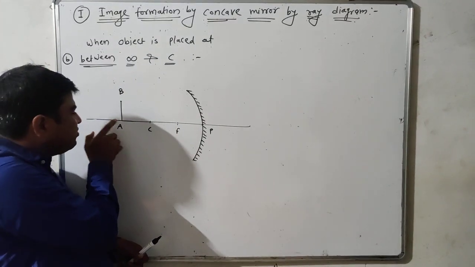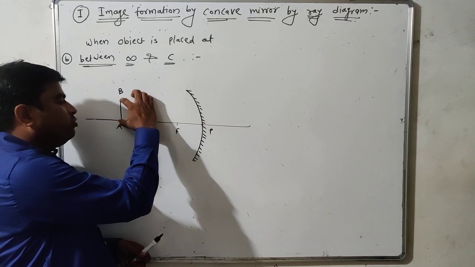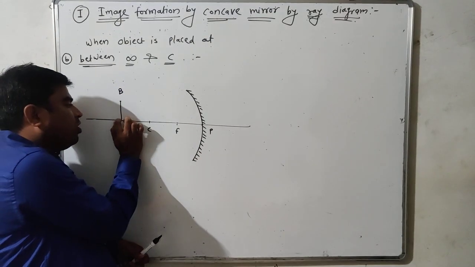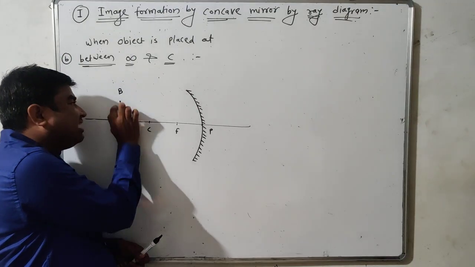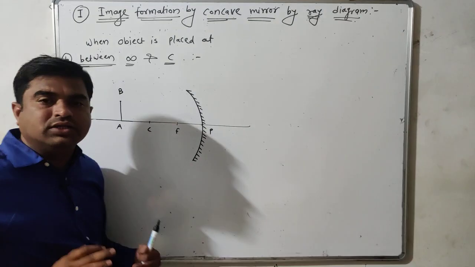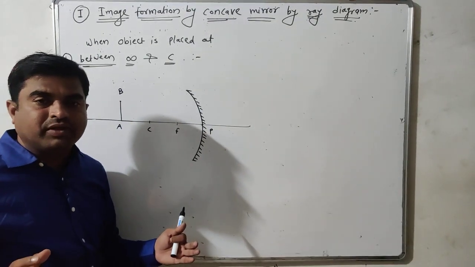Each and every point from A to B, where A and B are the extreme points, all the points that lie between A and B are visible to us due to what? Due to reflection of light from them.